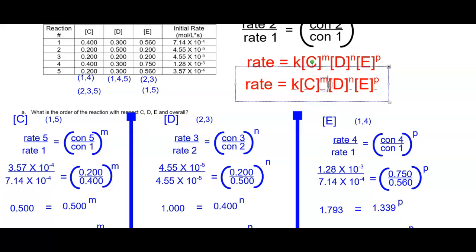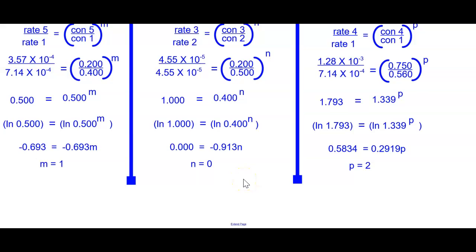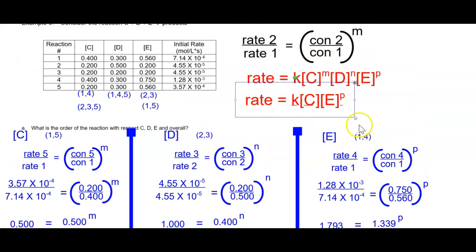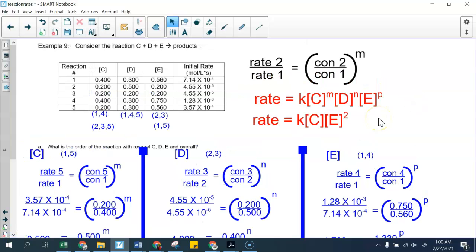We can put a 1 there, but that's kind of silly. D was 0. Anything to the 0 order is 1, so D is not impacted. And then we have E to the second order, so instead of having p here, we'll make this a 2. And then this would be your final answer. Rate equals k, C to the first order, D to the 0, so it's not present, and E to the second order.